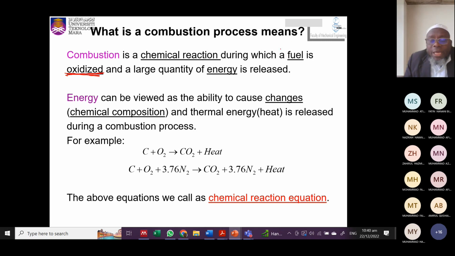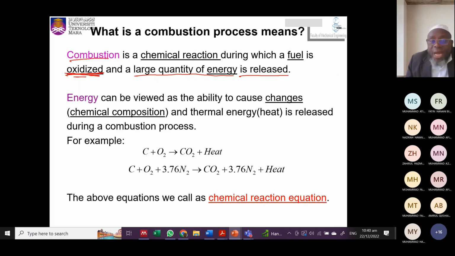In the realm of combustion, whenever a fuel is oxidized, meaning the fuel is burned in the presence of oxygen, a large quantity of energy is released.